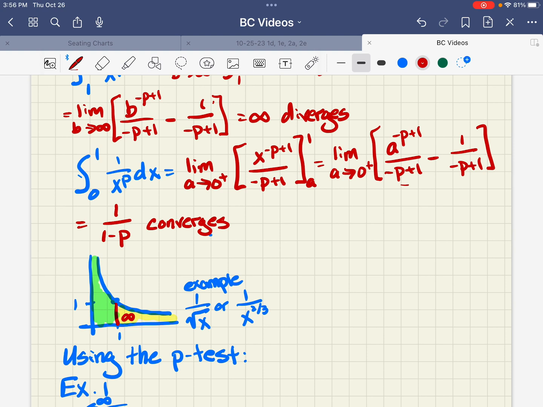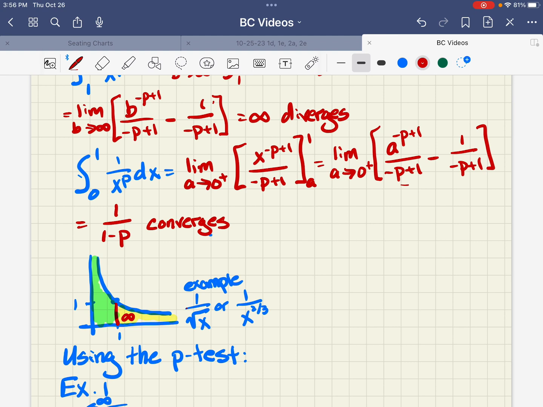So 1 over square root of x, 1 over x to the 2/3, any kind of power less than 1, like often a fraction. So on the right, these decrease too slowly. So in a race between getting wider and getting shorter, it's getting wider faster than it's getting shorter. So this yellow area is infinite in this situation.